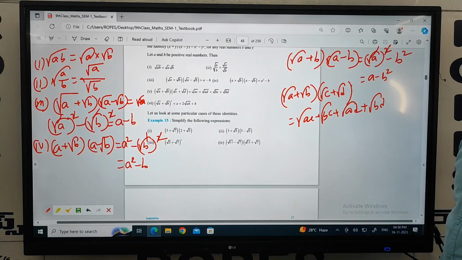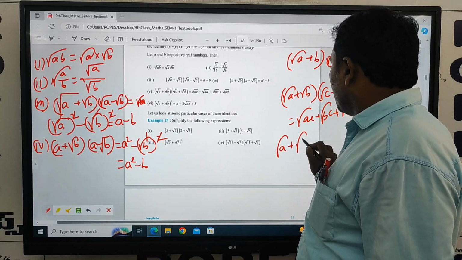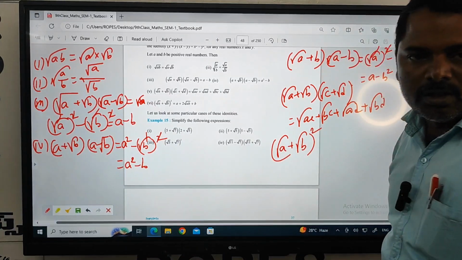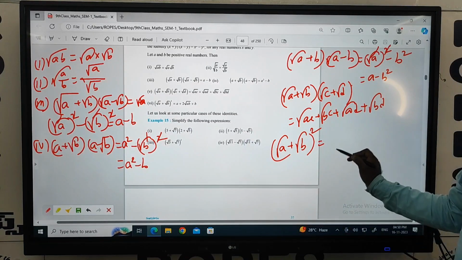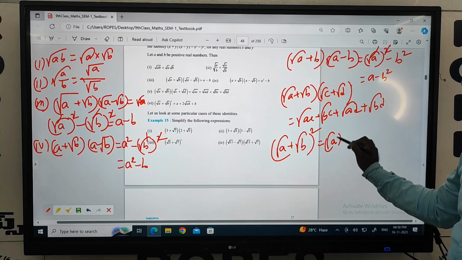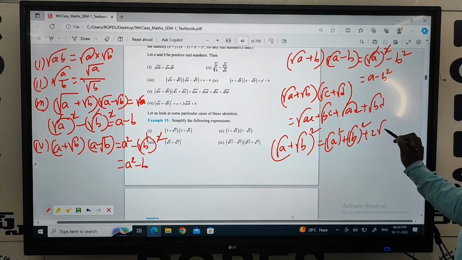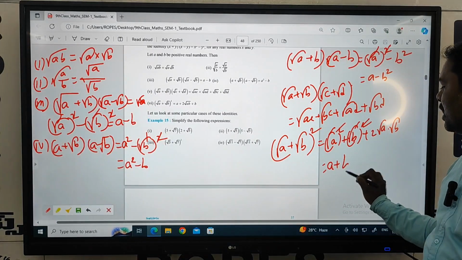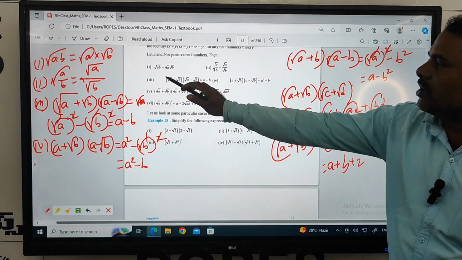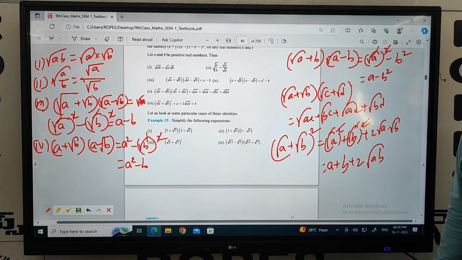Next, (root A plus root B) whole square is equal to root A square plus root B square plus 2 into root A into root B. The square and root cancel, so A plus B plus 2 root AB.